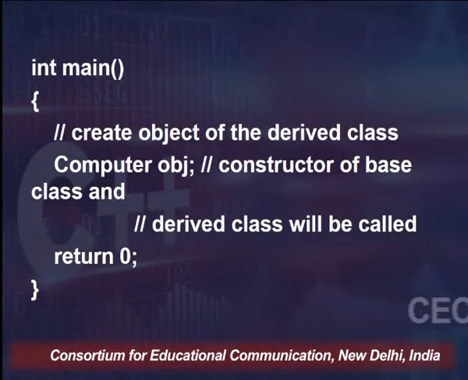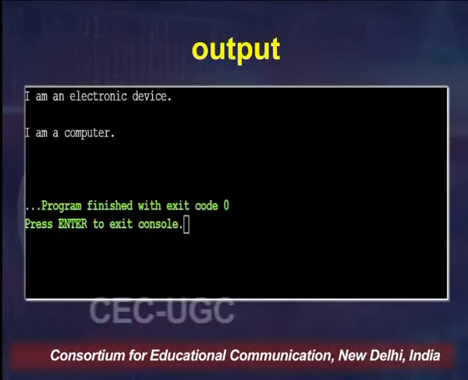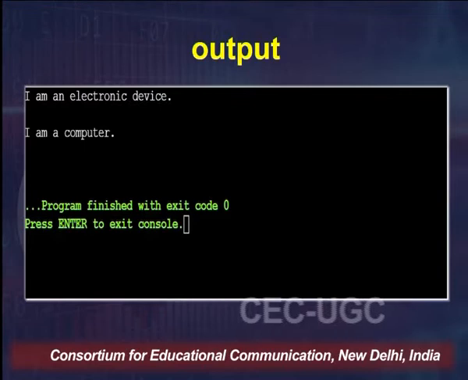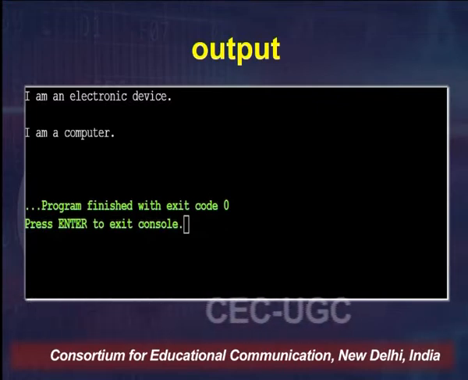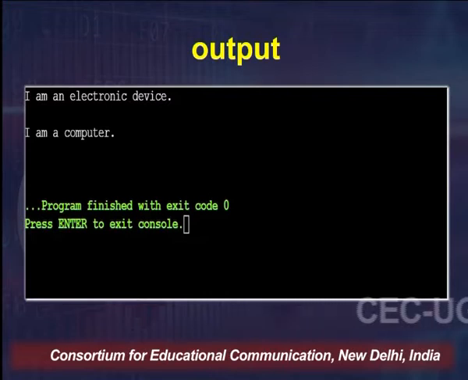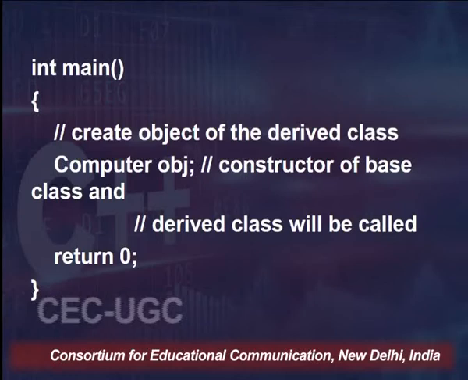As output, what we are expecting is what is shown on the screen: "I am an electronic device", which is the cout statement coming from the base class, and "I am a computer", which is the cout statement coming from the constructor of the derived class. Both constructors have been called, but please remember that we have just created the object of the derived class.